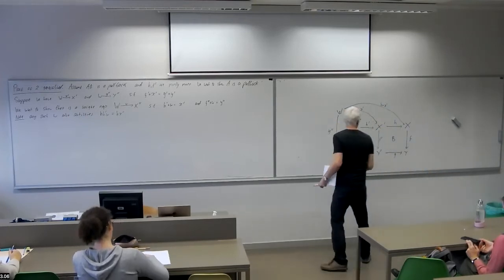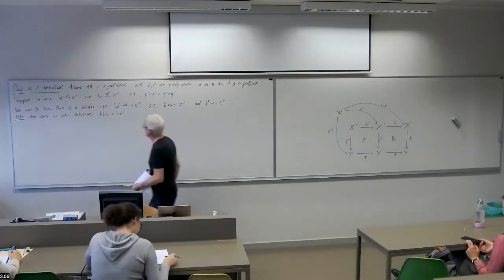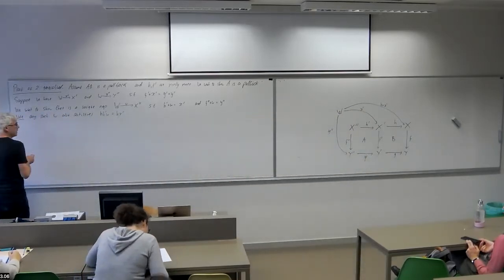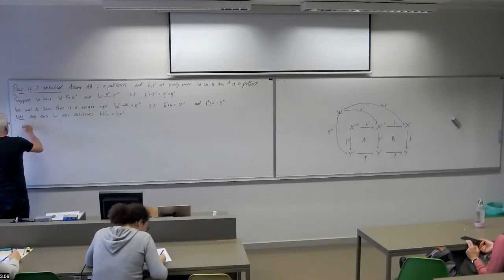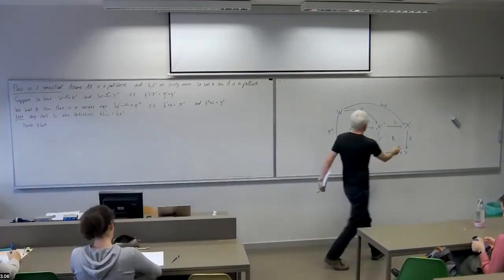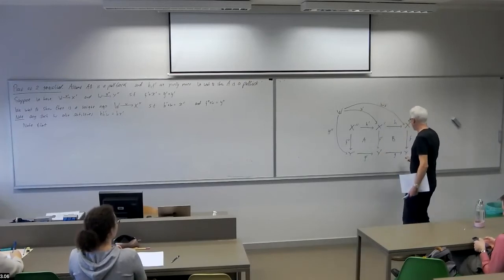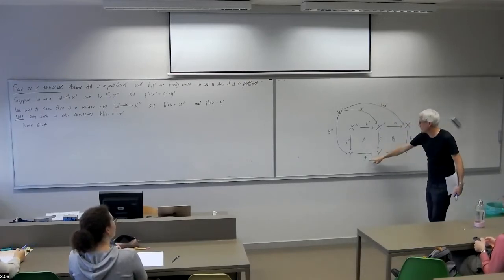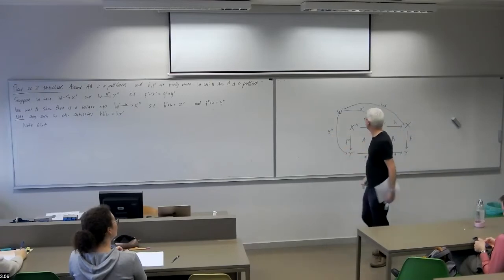Let's check that the square commutes. So we can indeed use the pullback property of AB. So I want to show that F composed with this map is the same as G composed with G prime composed with Y double prime.